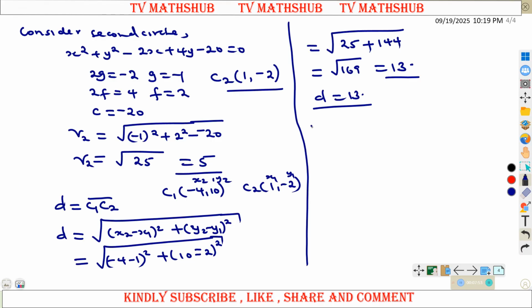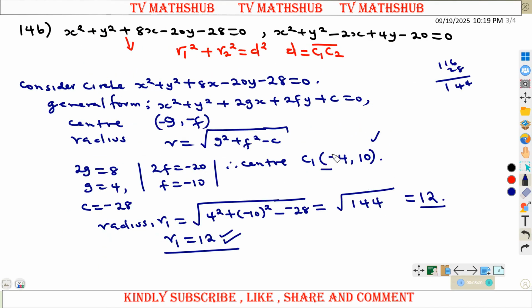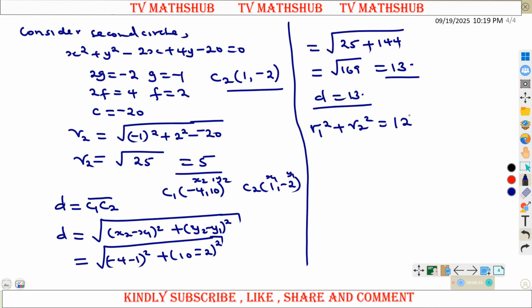So let us look at whether it is possible to get R1 squared plus R2 squared equal to 13 squared. R1 is 12. So this is 12 squared plus 5 squared.